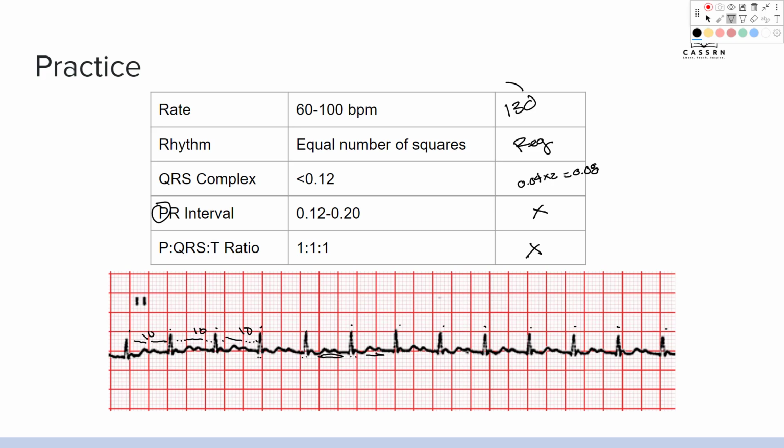Now I want to revisit this right here where we've only got a rate of 130. Know that sometimes that atrioventricular node is going to do the job and slow down the impulses from the atrial rate. So sometimes the atrial rate and the heart rate are going to be different because of what the AV node is doing.